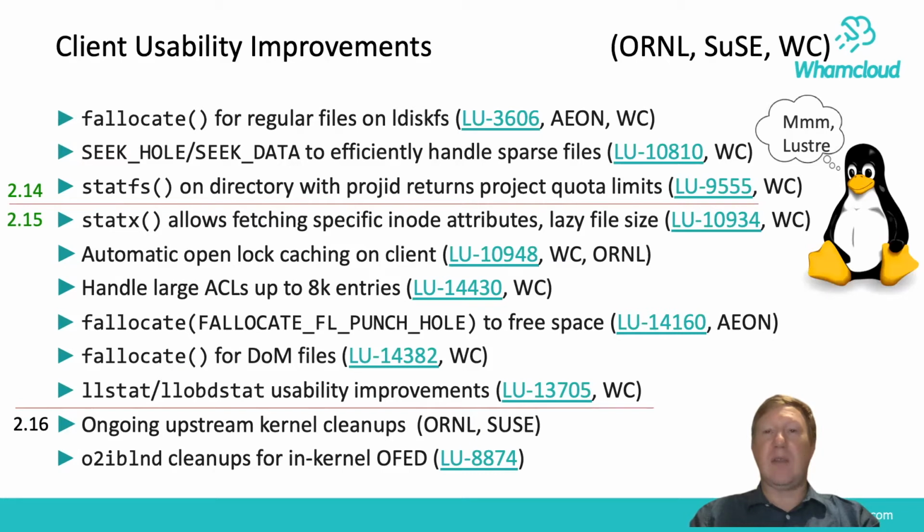So if you do ls without specifying ls -l and you don't need the size, it doesn't fetch the size from the OSTs, which is an improvement. There's open caching on the client automatically for files that are opened repeatedly, large ACLs, hole punching for free space, and fallocate for DOM files.